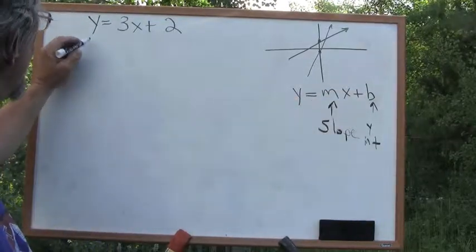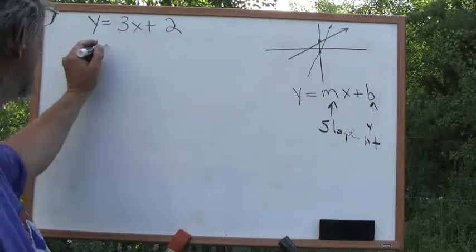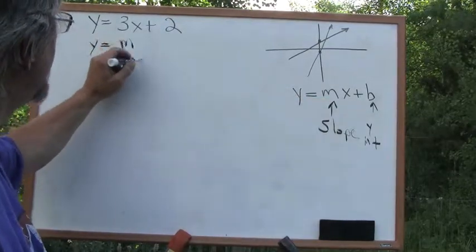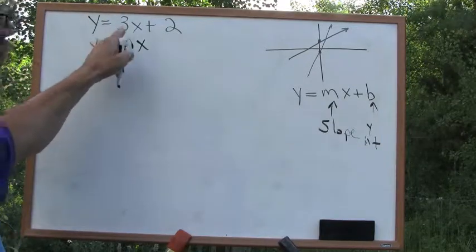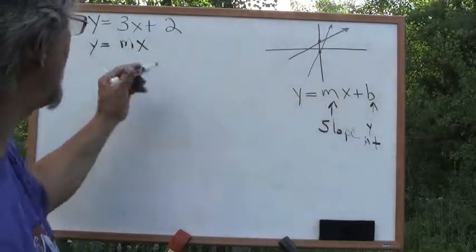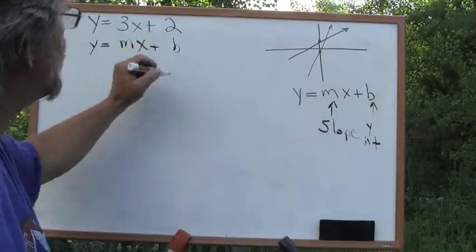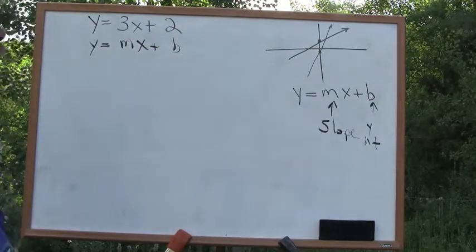You can see this is very similar. This is y, corresponds to that, equals mx. The 3 corresponds to the m, which is just a number, like I say, and then the variable x, plus b, which is just another number. In this instance, the number is 2.